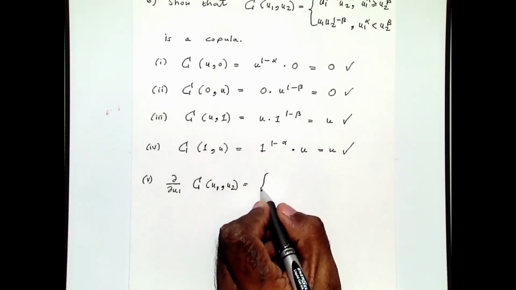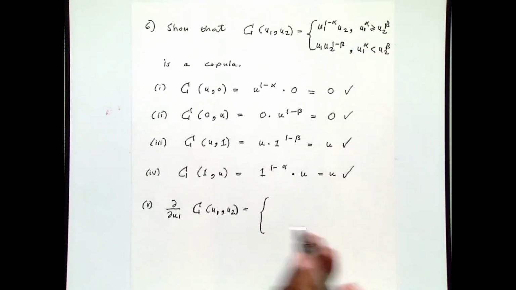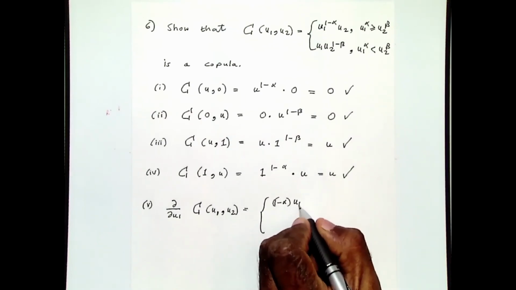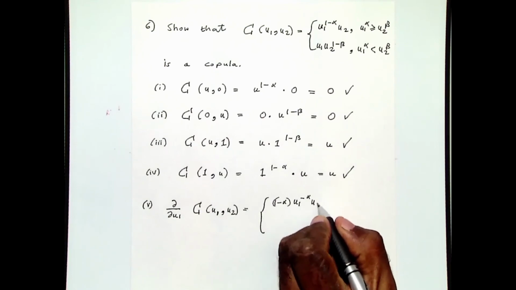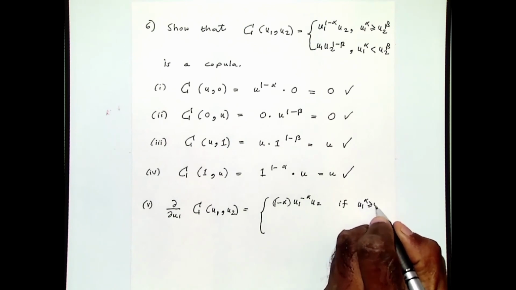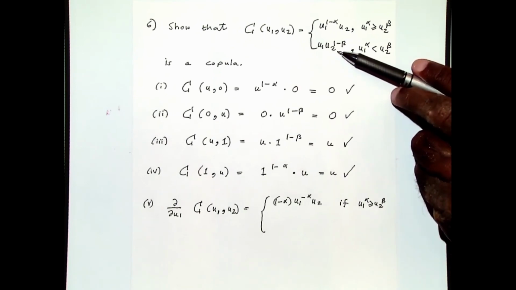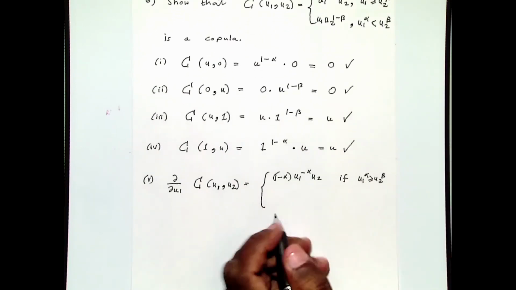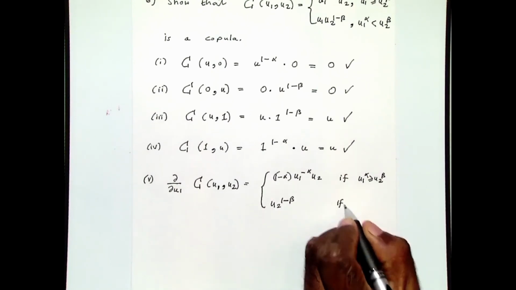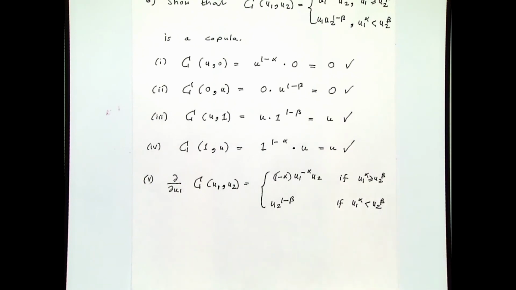It's going to be the partial derivative of this with respect to u1, which is this, and the partial derivative of this with respect to u1, which is this.